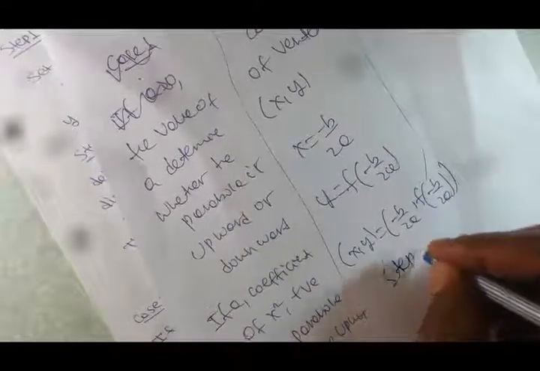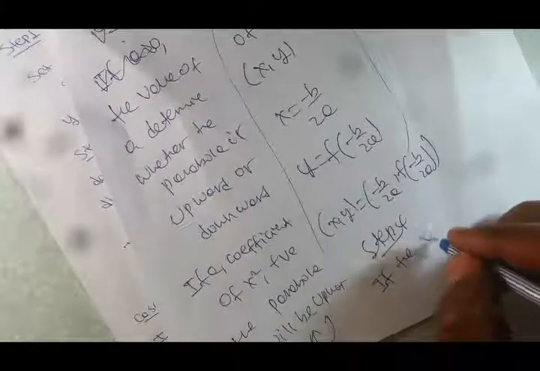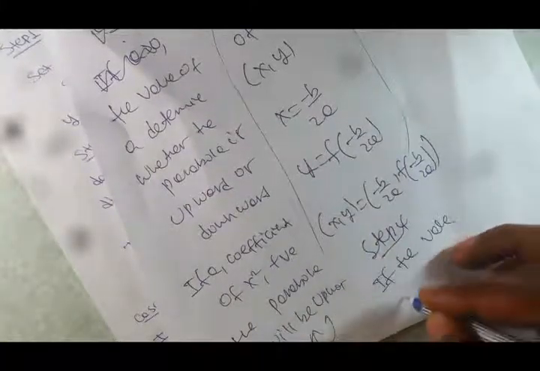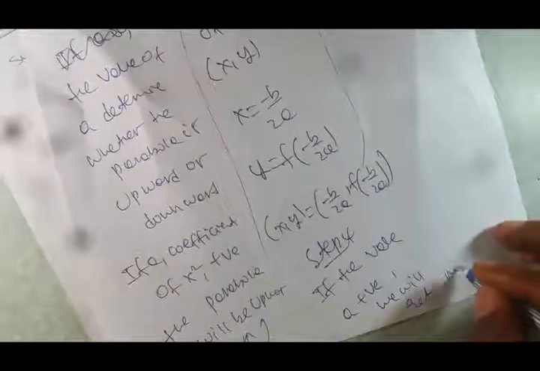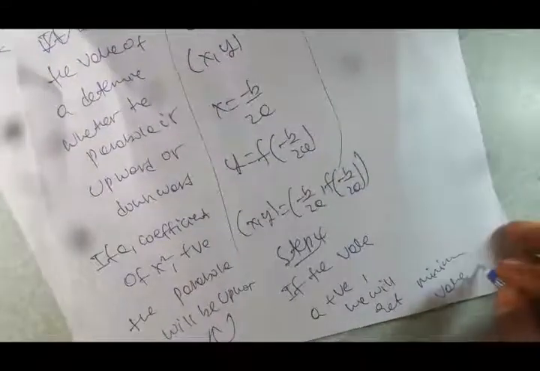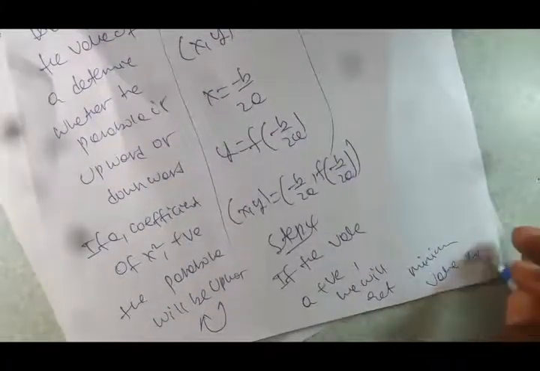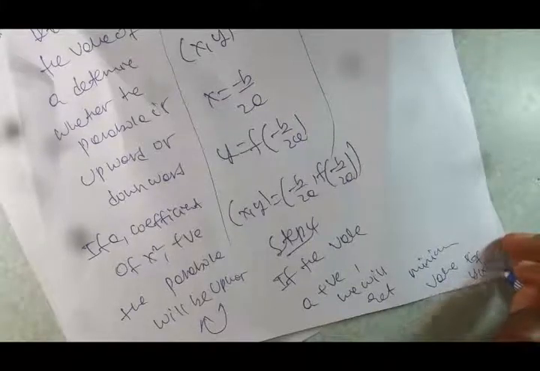And step 4 is, if the coefficient a is positive, we will get the minimum value of y of x at minus b over 2a.